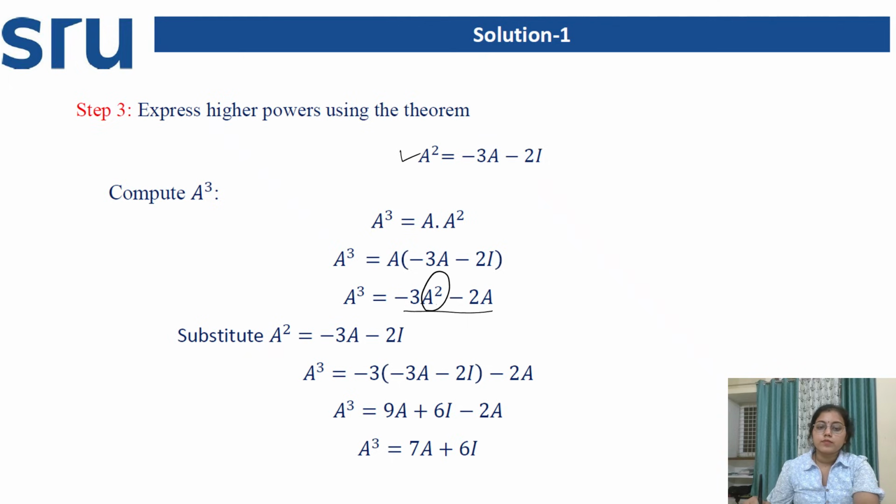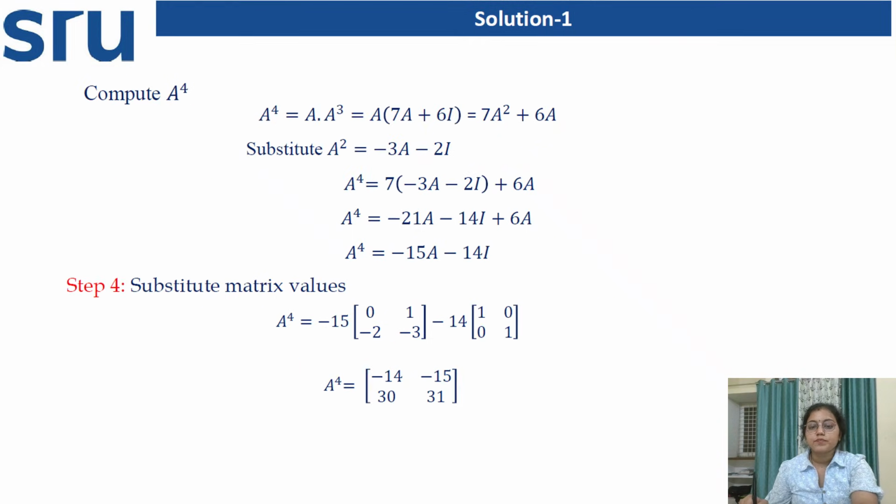So you get minus 3 A square minus 2A equal to minus 3 times this one minus 2A. When you solve this, you get 9A plus 6I minus 2A. When you solve this equation, you get A cube equal to 7A plus 6I.